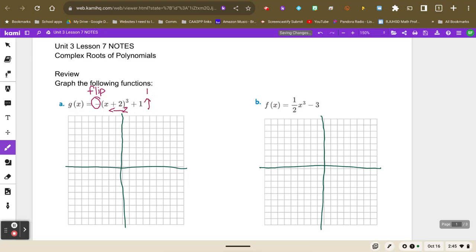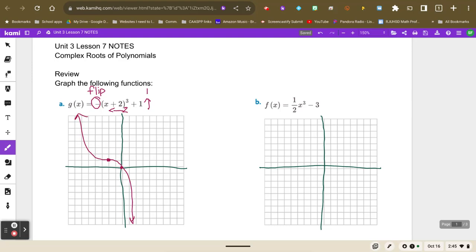Normally, we know it crosses the y-axis at 0, so that's how we're changing it. So instead of starting at 0, we're going to go to the left 2, up 1. And instead of going up on the right-hand side, we're going to go down. And then instead of going down on the left, we're going to go up on the left. That's all we're doing.